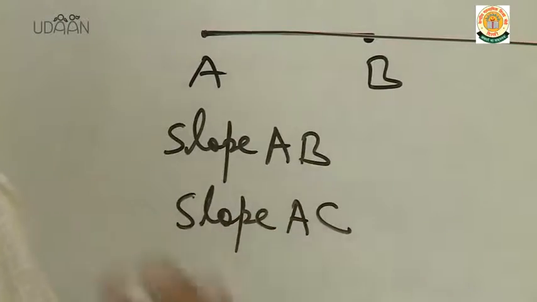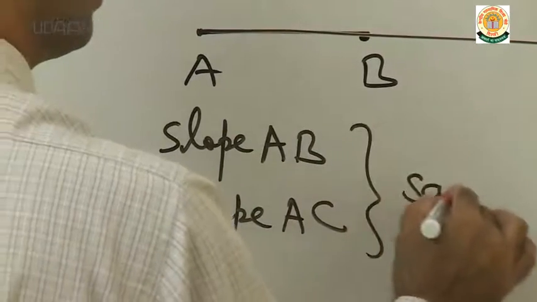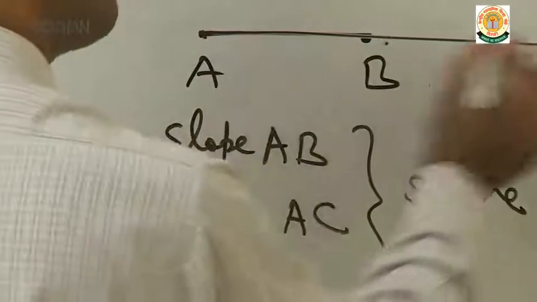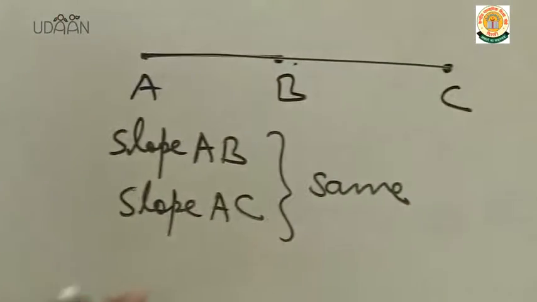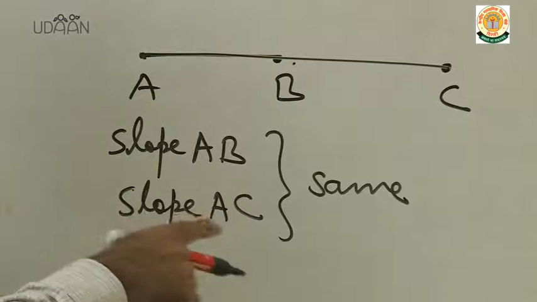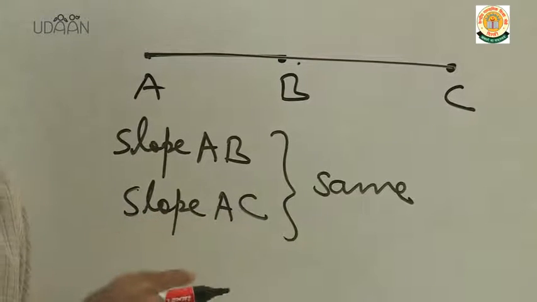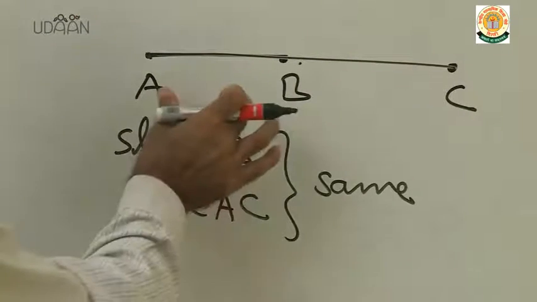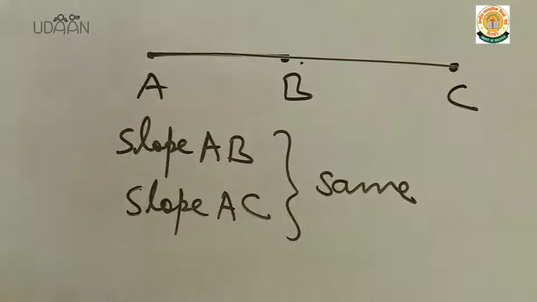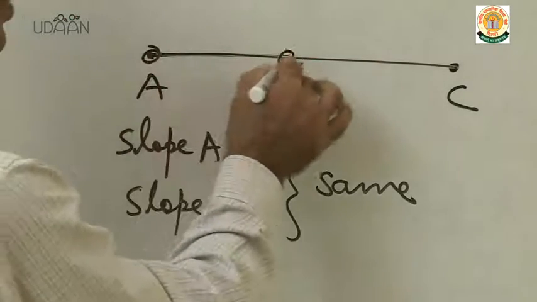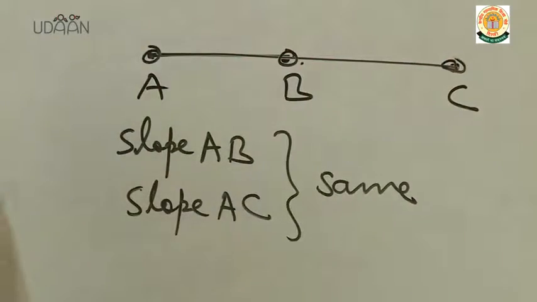If their slopes are the same, then you can say these 3 points are collinear. So you know one condition of collinearity. To check collinearity, we have to find the slope of the two line segments. If their slopes are the same, then we can say the points are collinear. So to check collinearity we can also use the slope of a line.